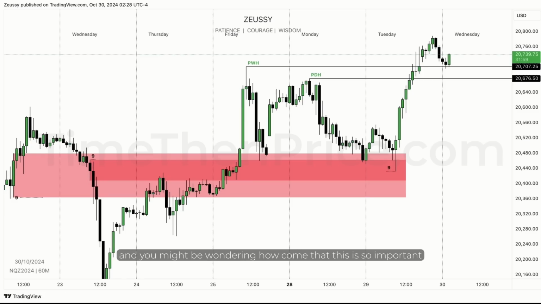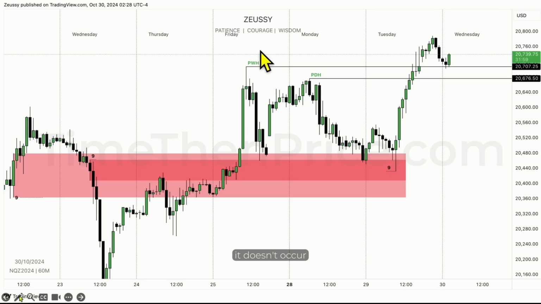And you might be wondering, how come that this is so important? Well, what I want you to see is that there were a lot of things lining up with each other that were signaling that the low of day should form in this area, because these highs were simply too clean. A market doesn't top out of a consolidation. It doesn't occur. This is where buy-side liquidity is being engineered. So how low can the market potentially drop?